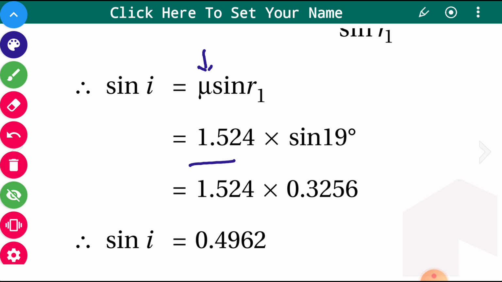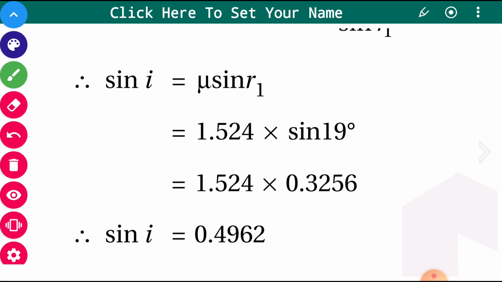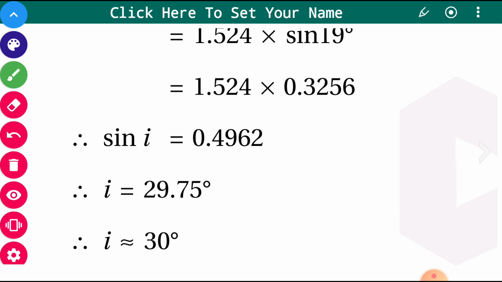Mu is 1.524, sin 19, just look into the table of natural sine, you will get 0.3256, and if you multiply these two, then you get 0.4962 approximately. And 0.4962 is approximately 0.5. So sin I equal to 0.5 is nothing but 30 degree. So incident angle has to be 30 degree around.